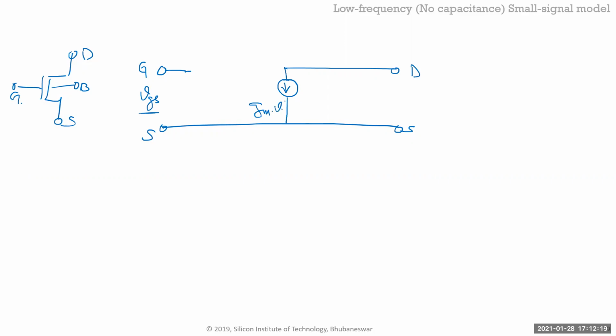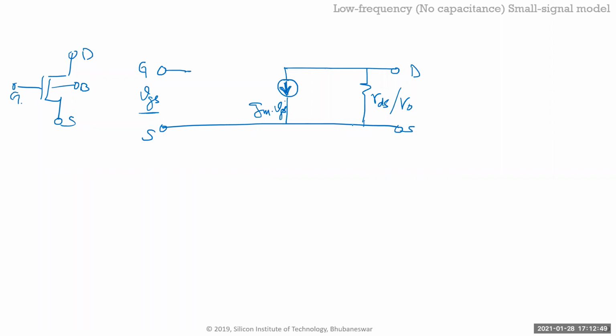GM VGS. I'm not showing the sign because I've shown the direction. Now R naught, between drain and source. So it's a resistance, because the current is flowing from the same terminal as where you have applied the voltage. So it's just impedance. That's R naught, or RDS, or whatever you want to call it.